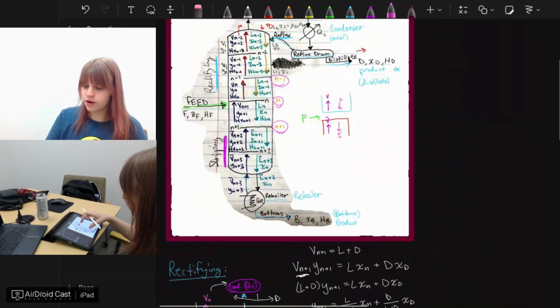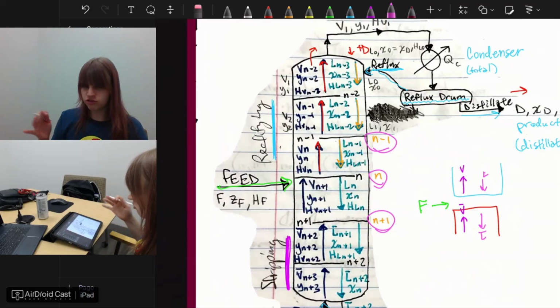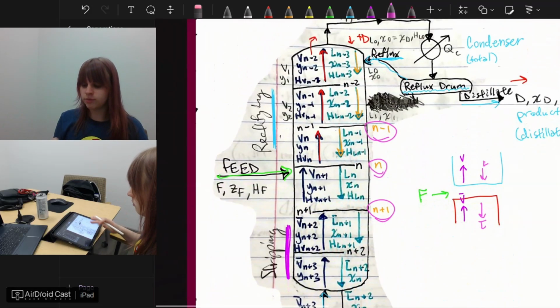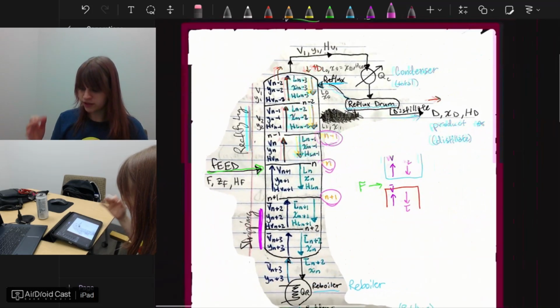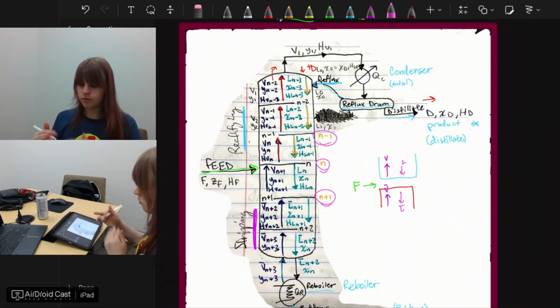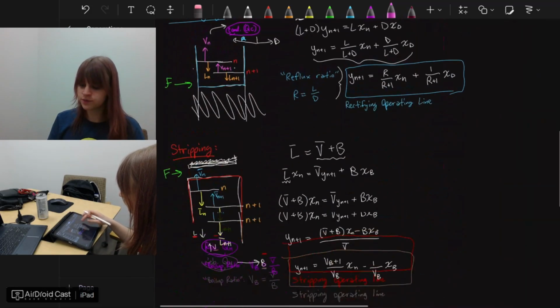And don't worry about exactly where your feed is entering when you're just drawing this out. That's something you determine later on when you are numbering the stages and things like that. But it's just entering somewhere between those rectifying and stripping sections.